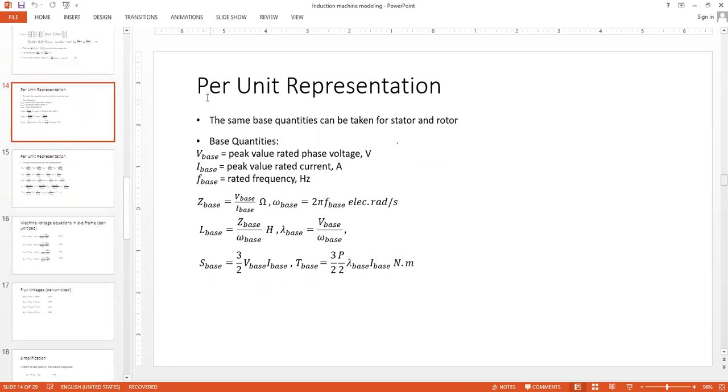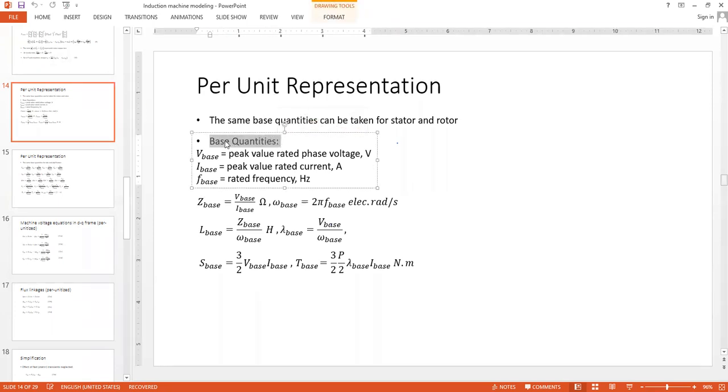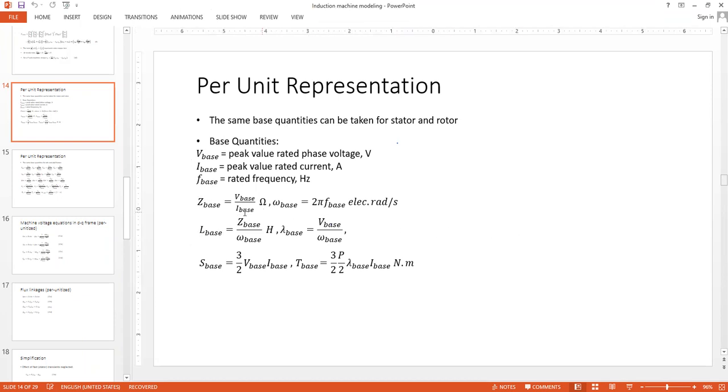So as you all know, for per unit calculation we need to set some base quantities at the beginning of the calculation process. So similarly, we are taking some of the base quantities as the voltage base, the current base, and the frequency base, and accordingly we are setting some other bases like the impedance base, the angular frequency base, the inductance base, the flux linkage base, the apparent power base, and the torque base.